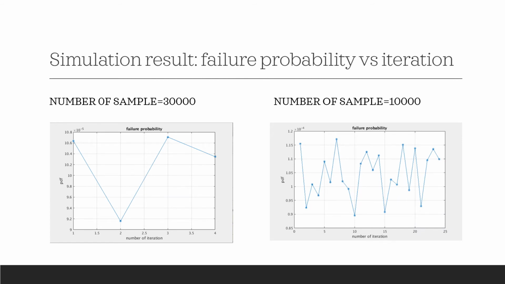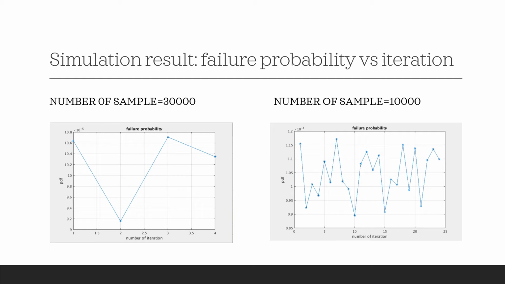Here are two plots of failure probability of high sigma cases with different numbers of samples per iteration. The value of failure probability stays around 0.01%. For the left plot, the process converges in a few iterations, hence it has fewer points of failure probability of high sigma.